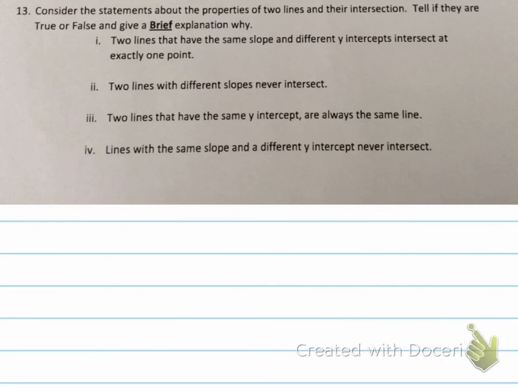Graph it. Try it. And here's an example you could try. y equals 2x plus 1. And my second line, same slope, y equals 2x plus 3. Different y-intercepts.